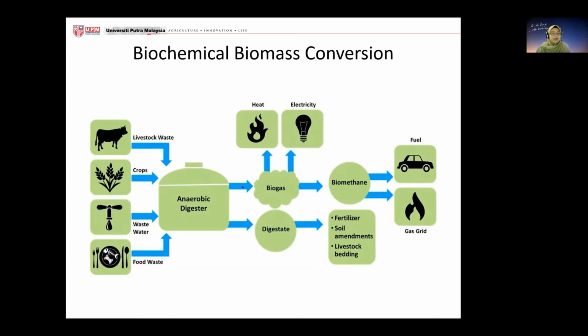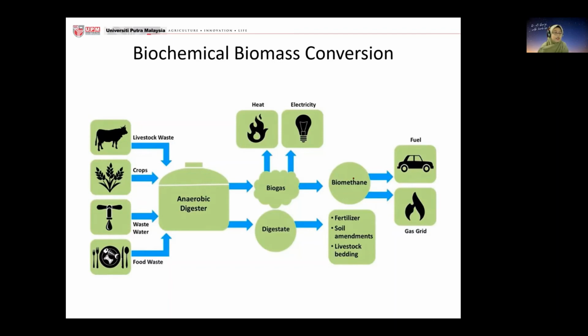The biogas actually can be used directly to produce heat. You can burn it to produce heat, or you can produce electricity from it in power plants. Otherwise you can upgrade the biogas by purifying it to biomethane, and that biomethane can be used as fuel.